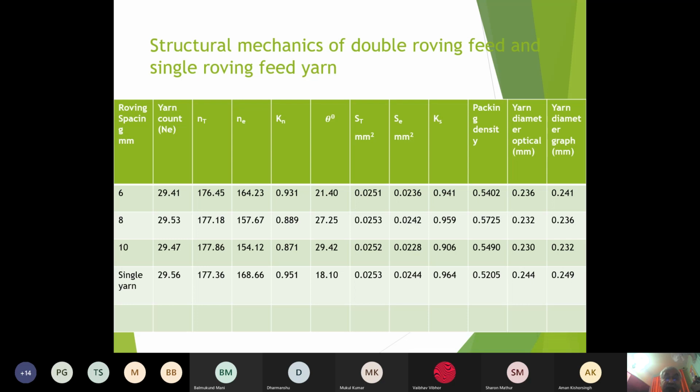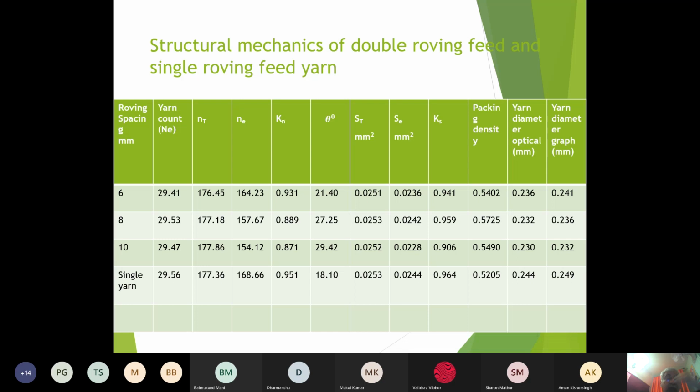Now take a case here. This ST is nothing but T over rho that we have calculated, and here SE that we have calculated with the distance 6 mm, 8 mm, 10 mm, and here SE of yarn with the single roving feed.